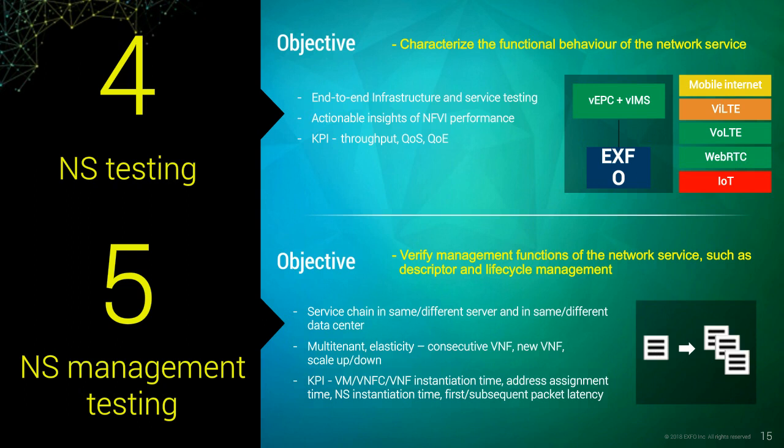If you want to place some of the VNFs closer to the users, such as those that take care of media, voice, video, and things like that, it's common to keep those media VNFs closer to the user. So in a network service, you would expect the different VNFs to be in the same server, different servers, as well as different data centers.